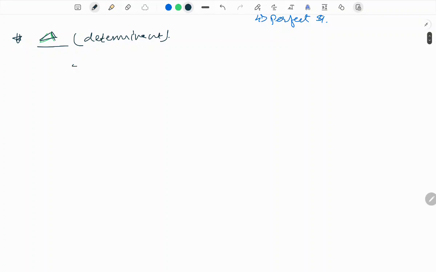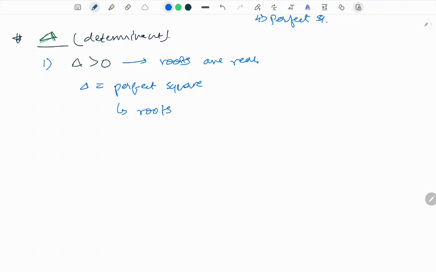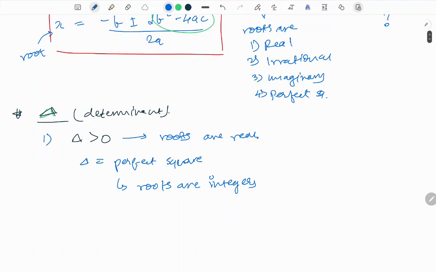If the value of the determinant is greater than 0, that indicates that the roots are real. And if the value of the determinant is a perfect square, then the roots are integers.